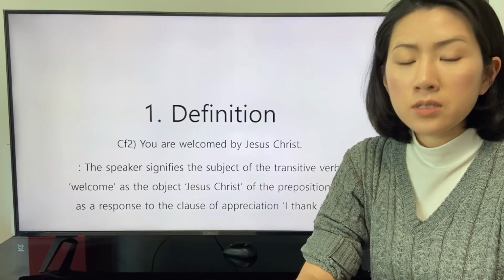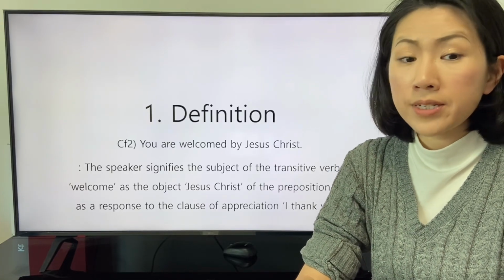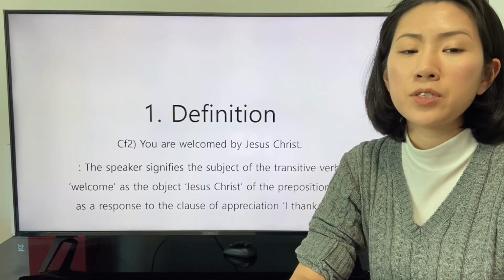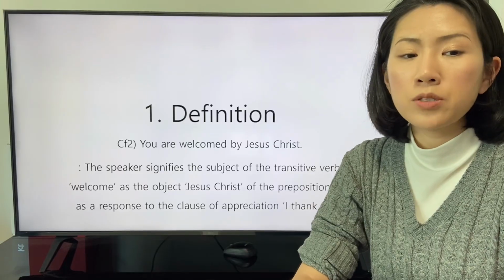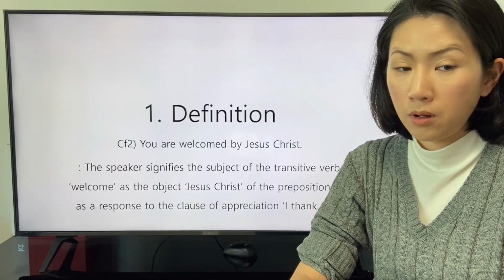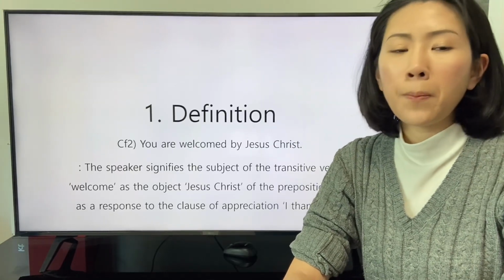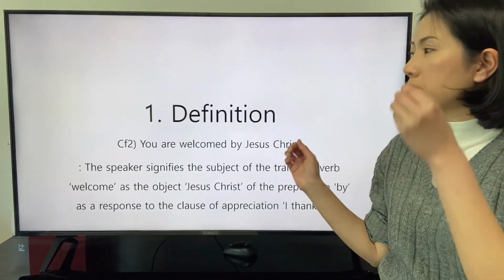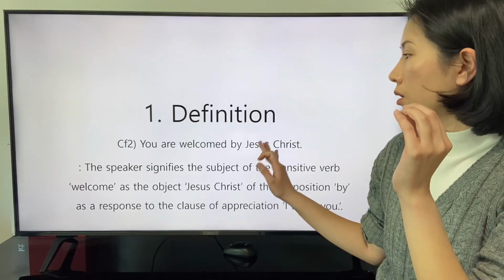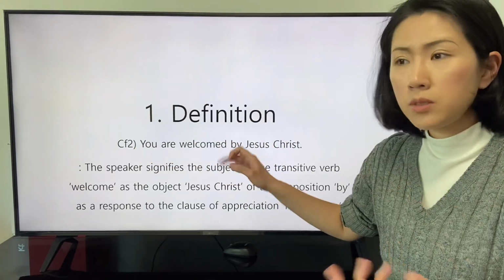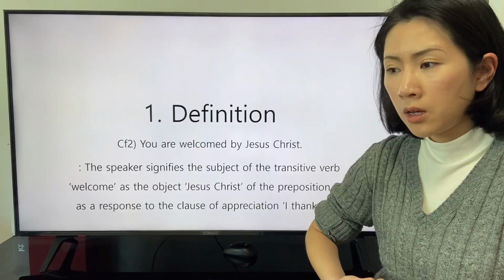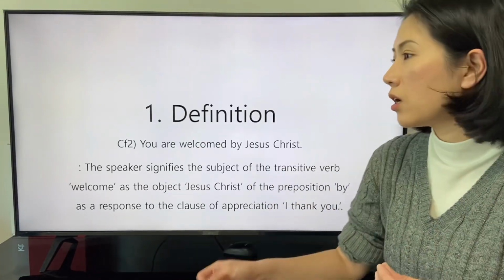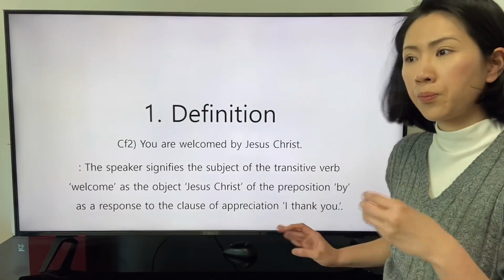The speaker signifies the subject of the transitive verb welcome as the object, Jesus Christ, of the preposition by. As a response to the clause of appreciation, I thank you, the clause you are welcomed is applied in the conversation.